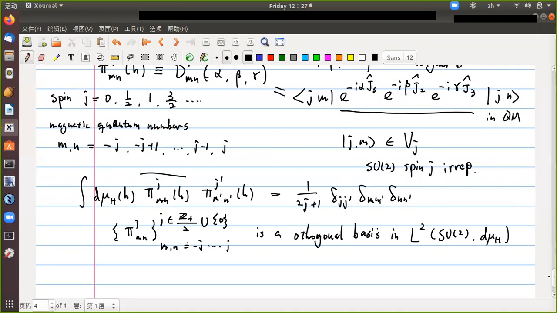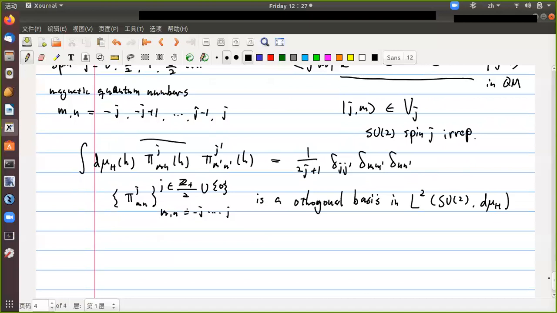So we find the basis. For any wave function, well, this is not yet a wave function because it only depends on a single holonomy. We can still call it a wave function, the special wave function that only depends on a single holonomy. Then this f of h can be expanded by using pi.